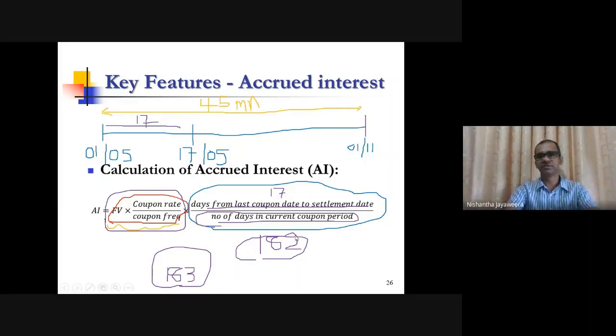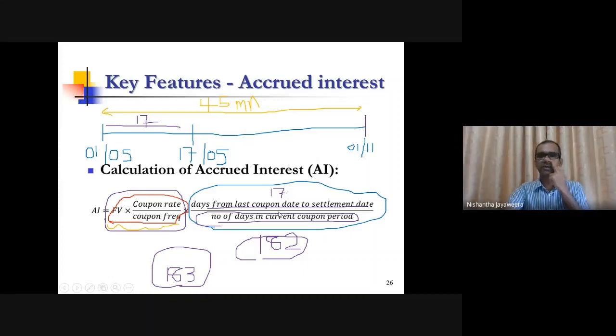So the second portion of the equation is to calculate that fraction. Based on that fraction, we prorate the coupon for that period.